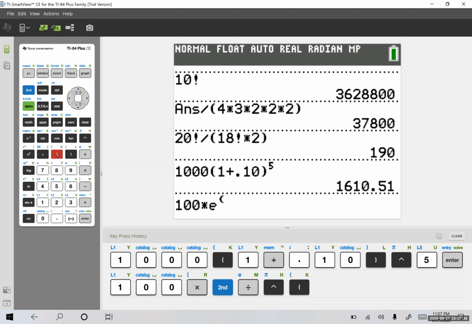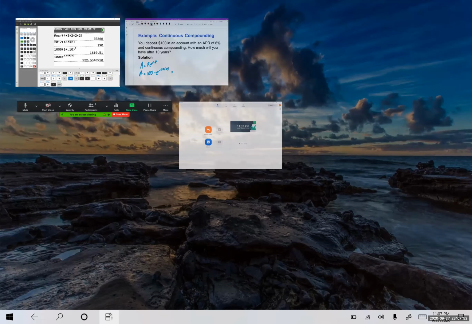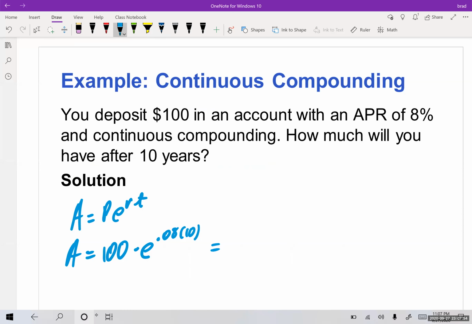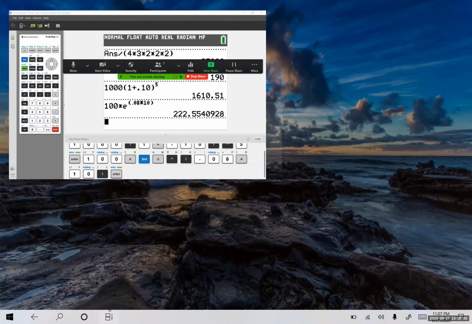I don't need them because my calculator already has it, but you guys may need to use parentheses. So I'm going to say parentheses 0.08 times 10 years. Hopefully it was 10 years. Yes. So we get $222.55 if we round off.